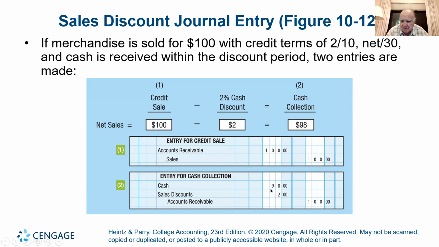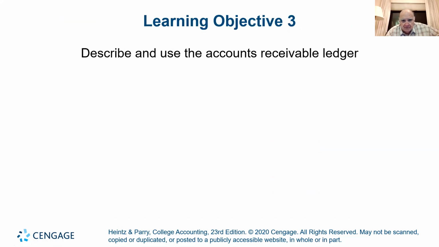But the check is only for $98. They owed us 100, so they are removing that $100 debt by paying us 98. The difference of $2 is a debit to sales discounts, a contra revenue account, because you never debit sales. What you debit are these contra sales accounts, okay? The accounts receivable ledger. We'll talk about this here.